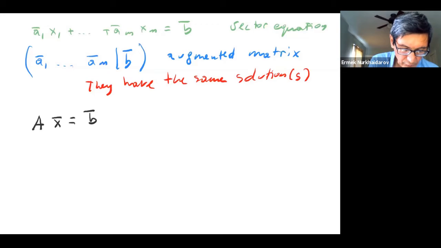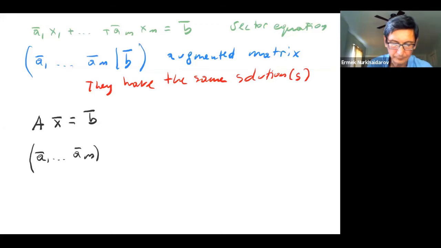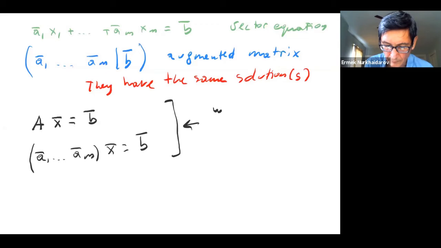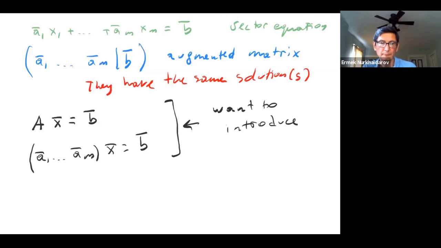Here, A will stand for the matrix of coefficients, so not augmented, just a1 through am. Then we multiply it by vector x, and we shall get a vector. That's what we want to introduce.